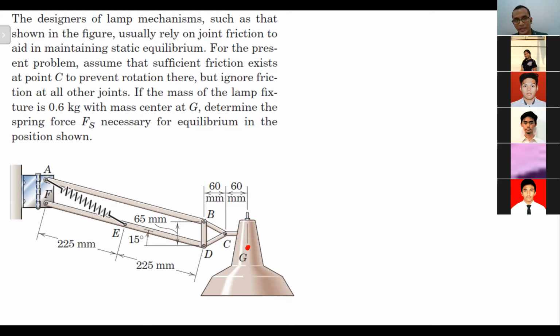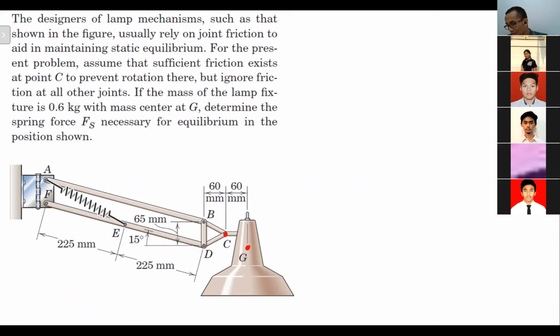The other thing you're supposed to know is that this particular joint, point C, is a joint with friction, which means that it can transmit moment as well.